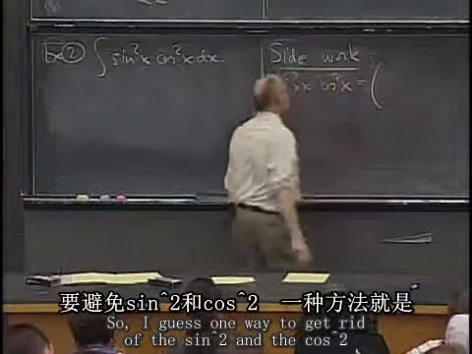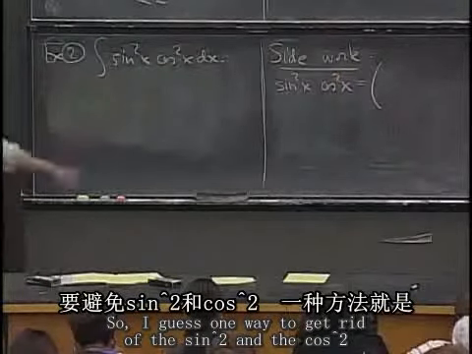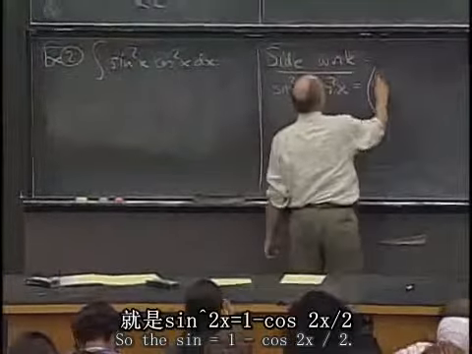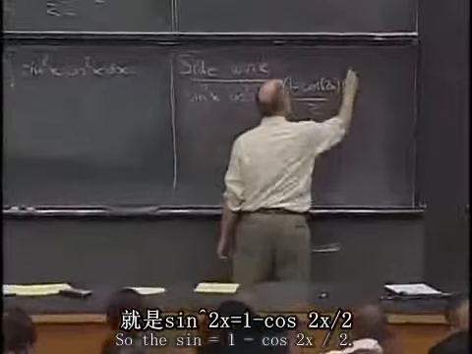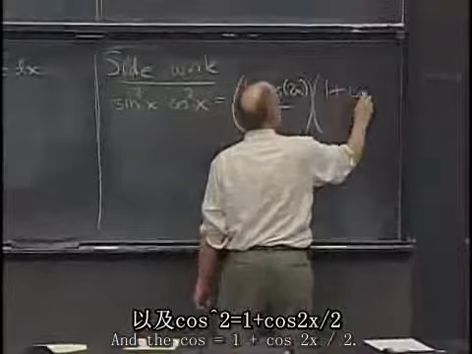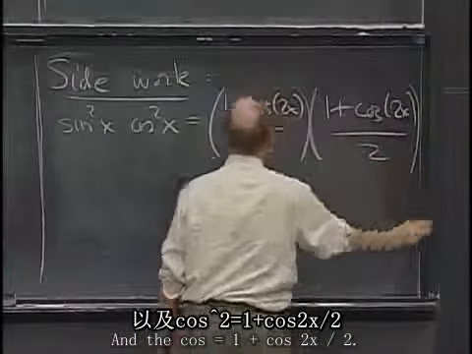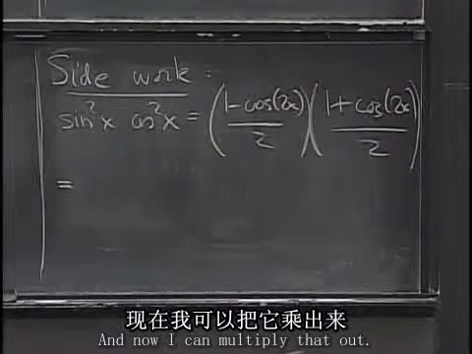So I guess one way to get rid of the sine squared and the cosine squared is to use those identities, and so let's do that. So the sine squared is 1 minus the cosine of 2x over 2, and the cosine squared is 1 plus the cosine of 2x over 2. So I just substitute them in, and now I can multiply that out.